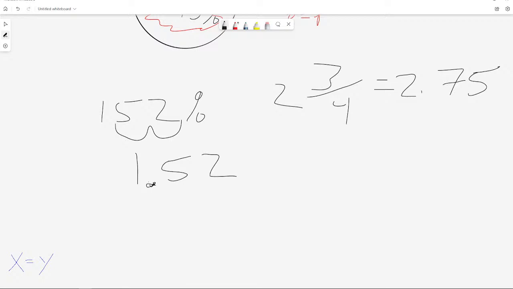Remember, you're going to take the fraction and do the long division. So 4 goes into 3, 0 times. Now you're going to place a decimal. 4 goes into 30 7 times. 7 times 4 is 28, leaving 2, and 4 goes into 20 5 times. So there you go. You can finish the rest of that yourself if you want.